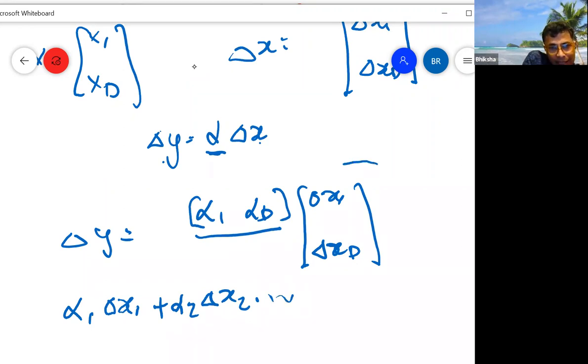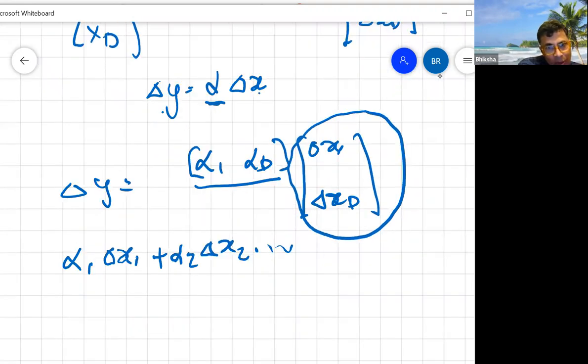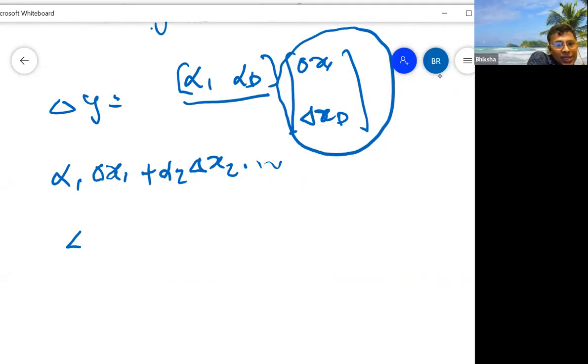Now, delta x is something that you can choose. It's up to you. You're saying for a small increment in x, what is the corresponding increment in y? So I could very well choose delta x to be of this form, where only the first component is incremented and the rest are not incremented.